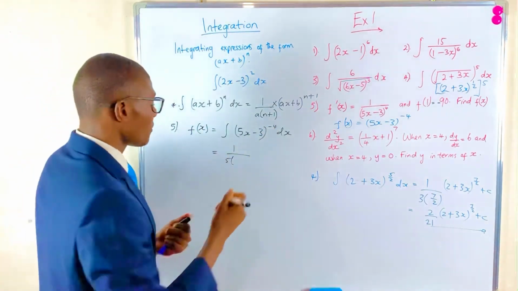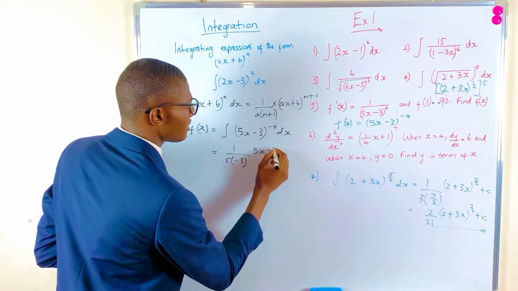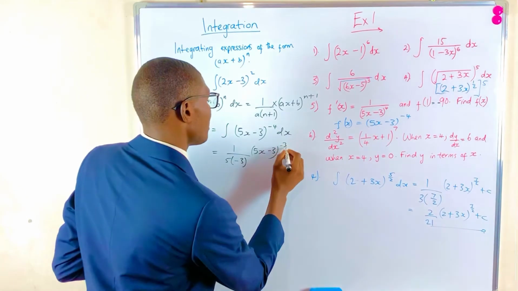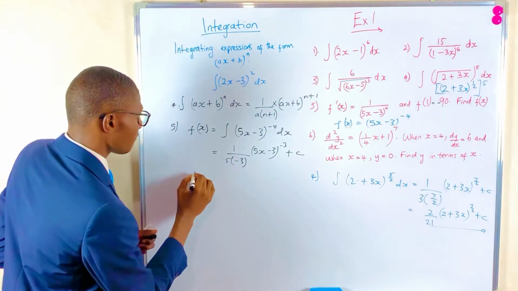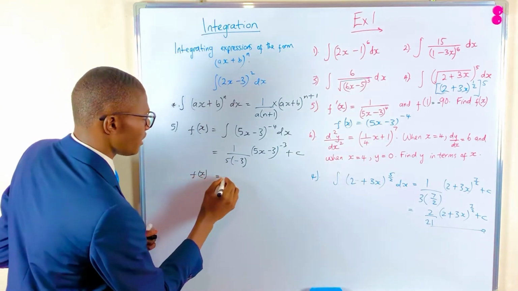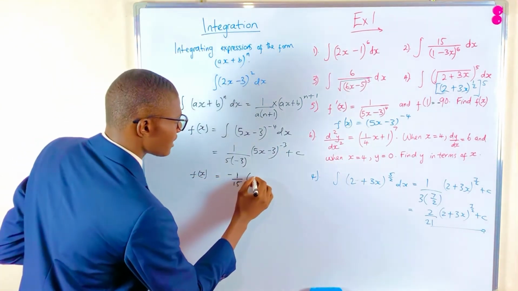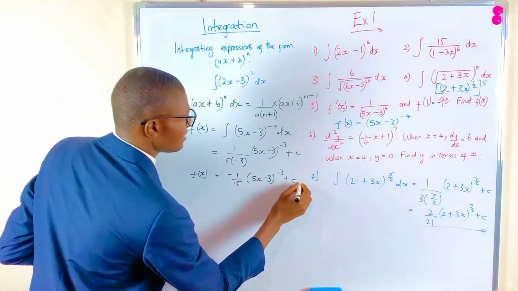Minus 4 plus 1, we get a minus 3, then times 5x minus 3 raised to the power of minus 4 plus 1, that's minus 3, plus c being the constant of integration, such that f of x would be equal to minus 1 over 15 times 5x minus 3 raised to the power of minus 3 plus c.